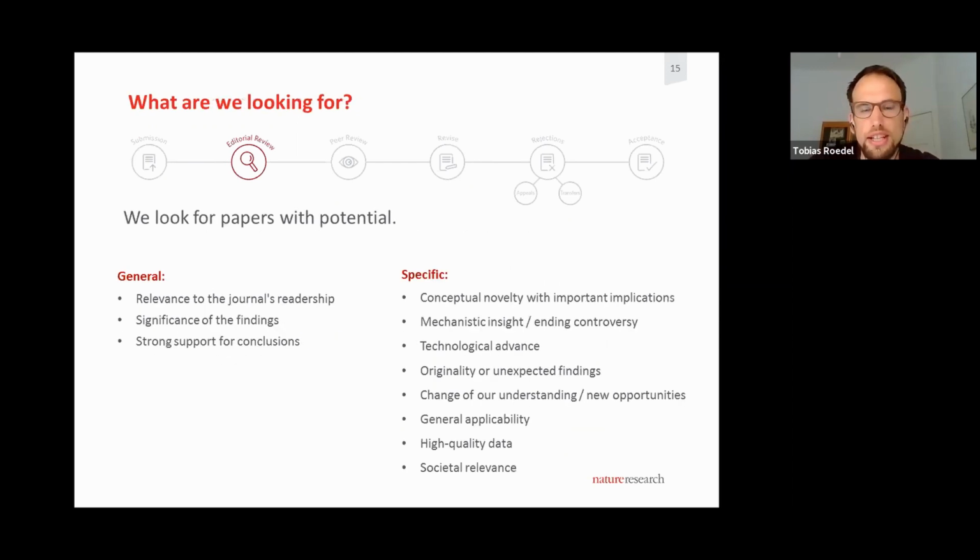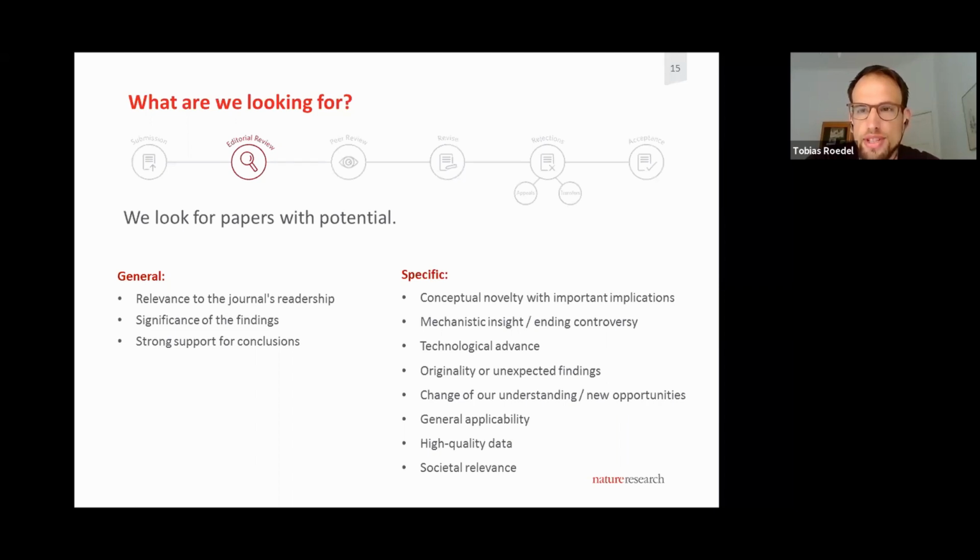Which was just asked. So we look for papers with potential, and of course, it's a very good question. What does this mean? Because we want to publish the most important, the most significant results, but it's not clear cut what that means.